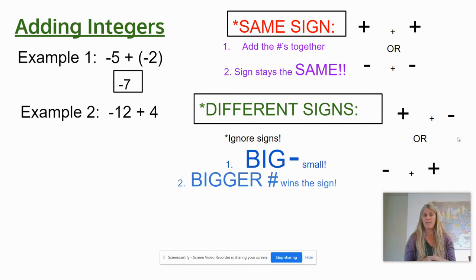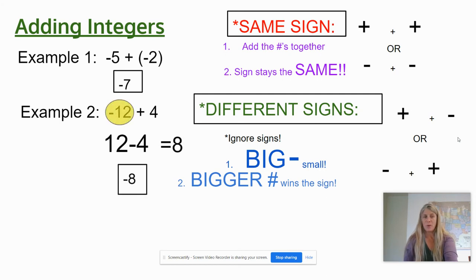So here we have 12, which was bigger, and that sign is negative, so that's going to win the sign, or basically be the sign of our answer. So we have 12 minus 4 is 8. That 12 is bigger and it's a negative, so our answer is going to be a -8.